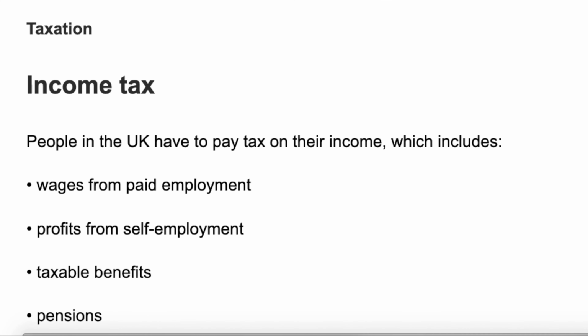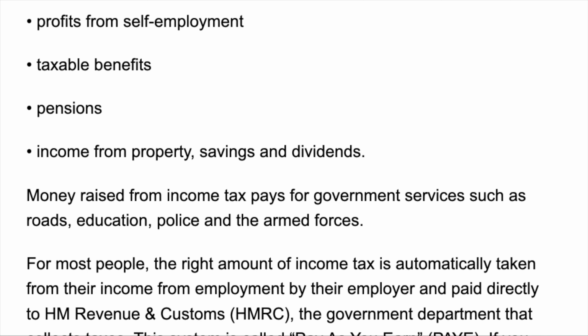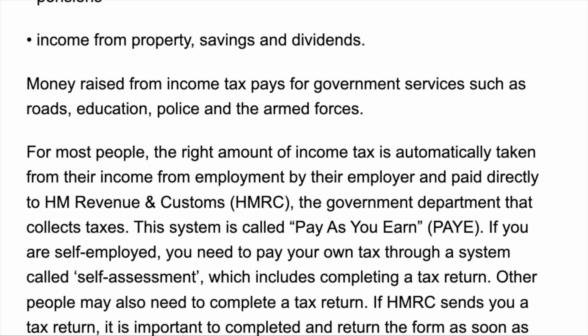Taxation. Income tax. People in the UK have to pay tax on their income, which includes wages from paid employment, profits from self-employment, taxable benefits, pensions, income from property, savings, and dividends.